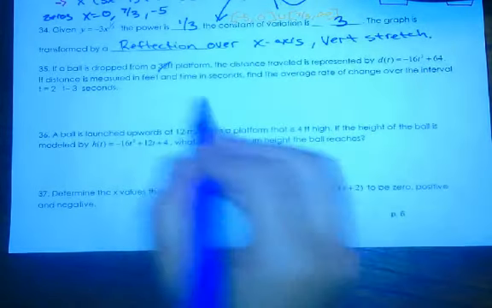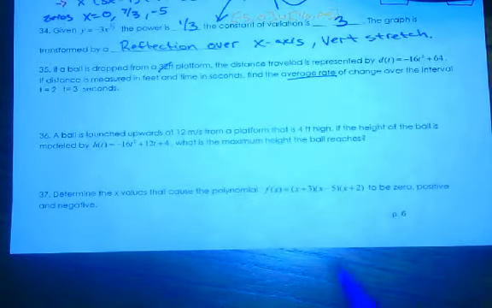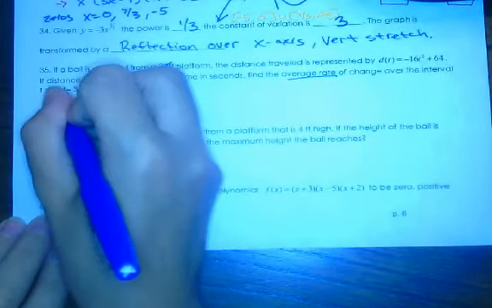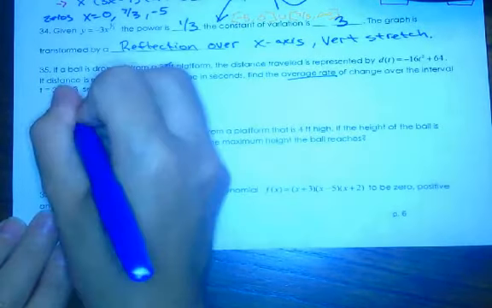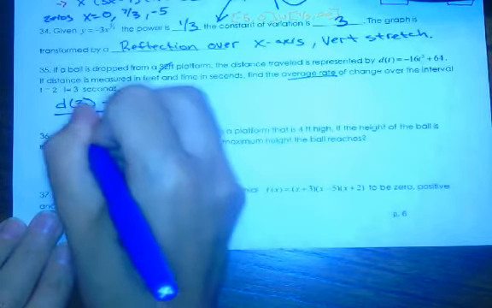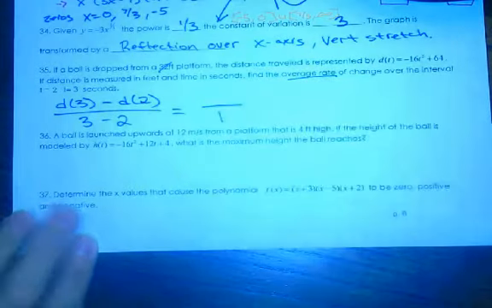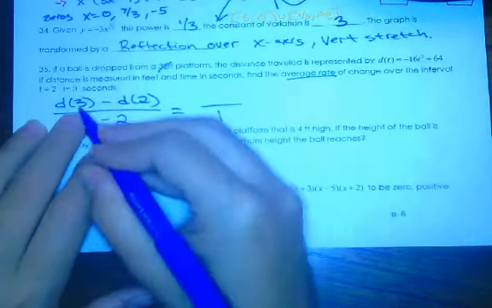Okay, but anyways, so we're trying to find the average rate of change, okay? So the average rate of change, we need to figure out what is, it's going to be d of 3 minus d of 2 all over 3 minus 2. So the denominator there is easy. Now I need to figure out what is d of 3.